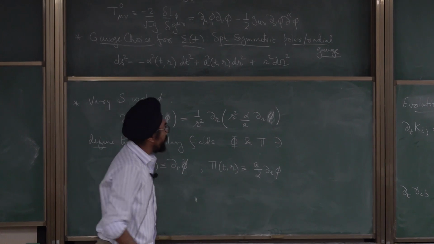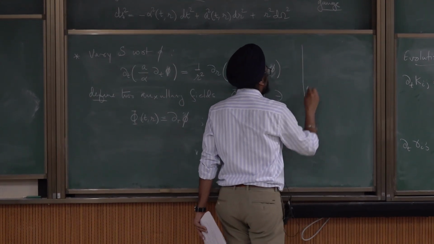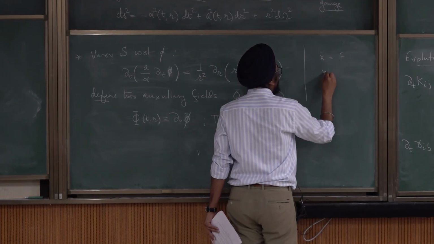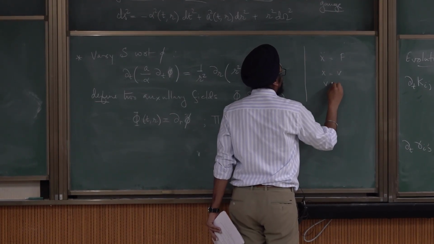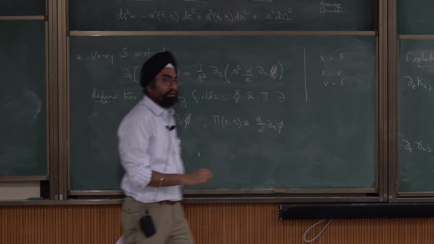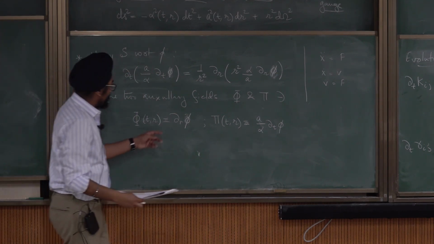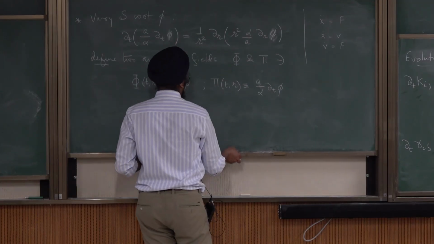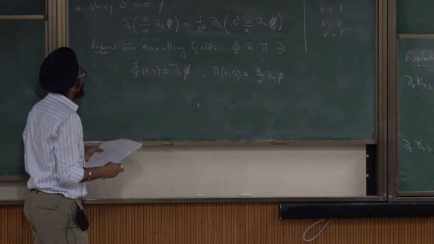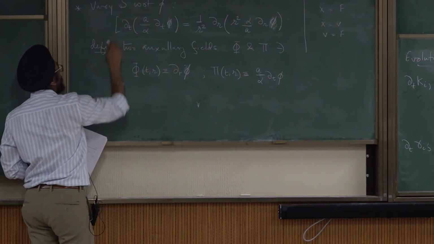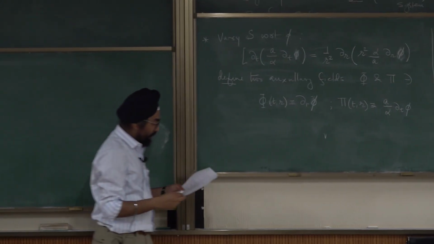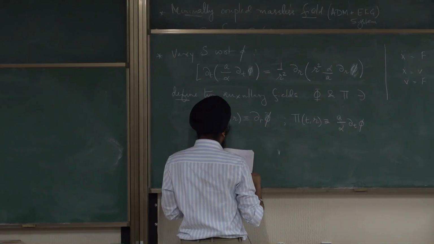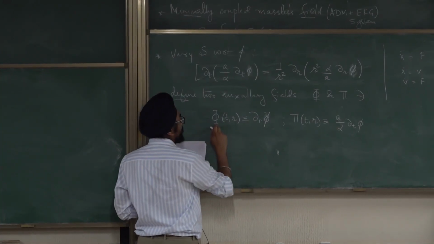I'm doing the same thing which anyone would do for, suppose you had x double dot equal to f. You define x dot equal to v, and then v dot would be equal to f. So it's the same thing. Once you have this, your equation breaks into two first order equations. One of them is easy to see. You are looking at time derivatives of both.